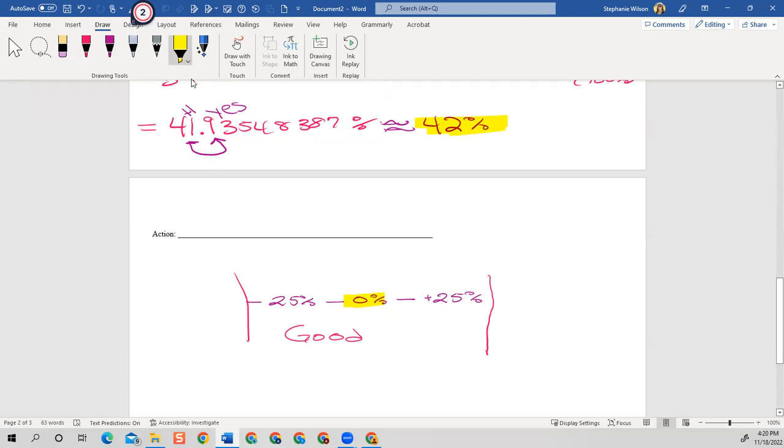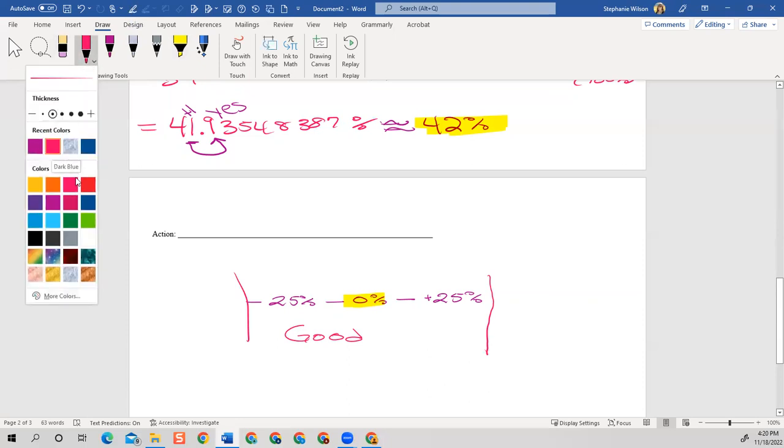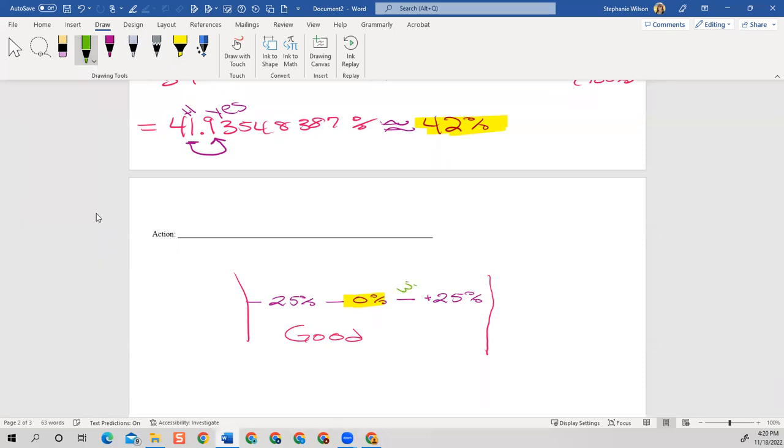That is great. However, if it's not 0%, then we're going to be talking about an area on the outside. So from 0% to positive 25%, we're going to say it's within range.